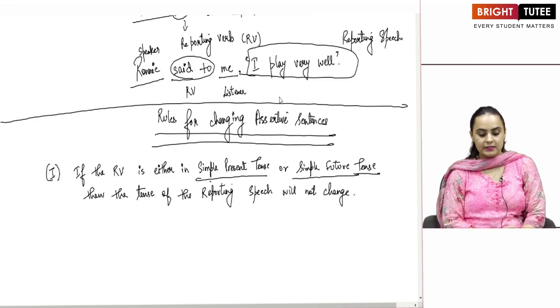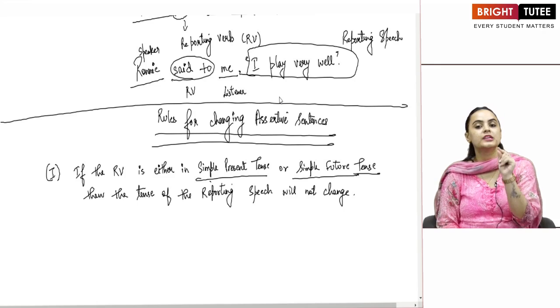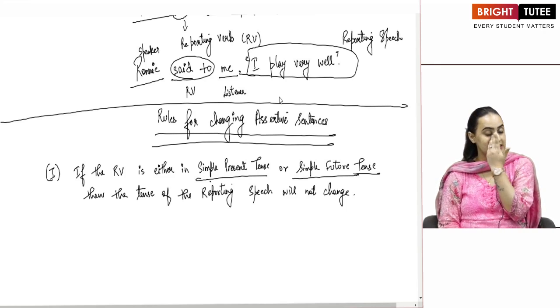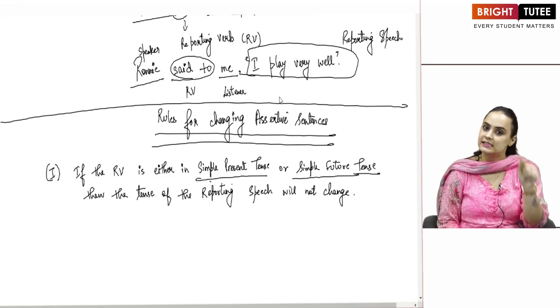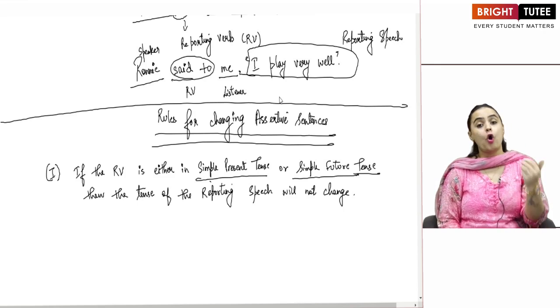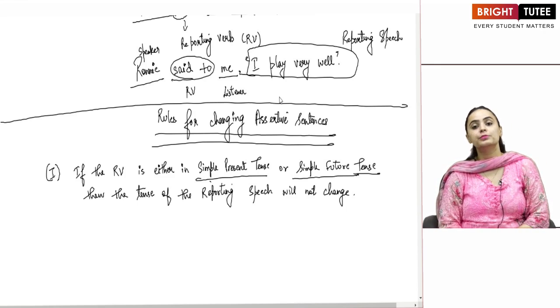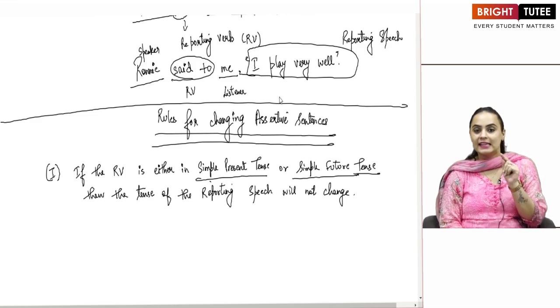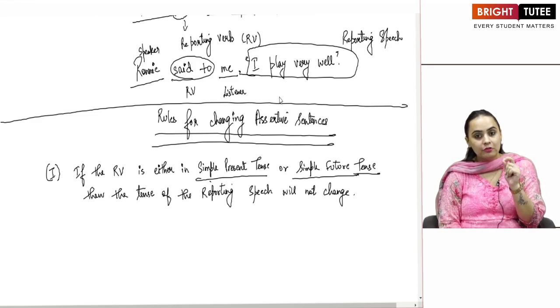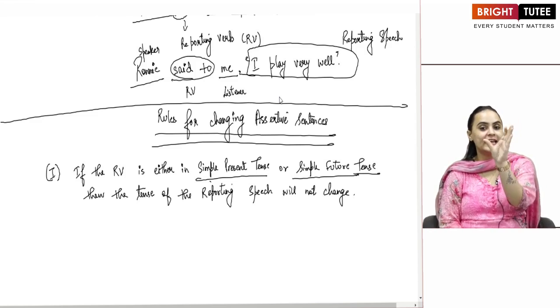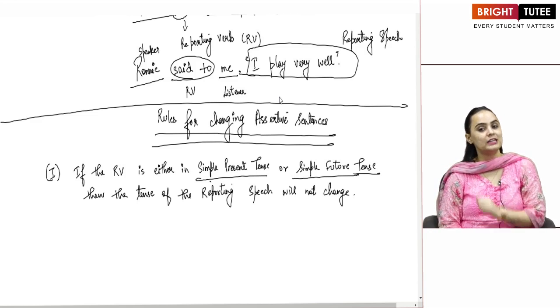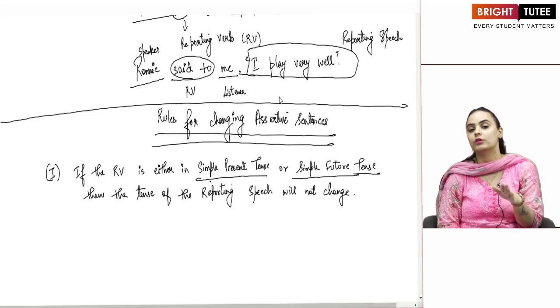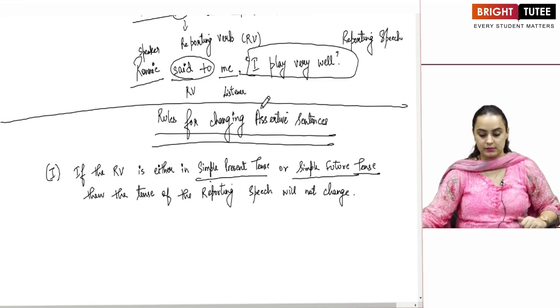What did I write? That if your reporting verb in a sentence is written either in simple present tense or in the simple future tense, in that case, the tense of my reporting speech will remain the same whatsoever it may be. Examples.